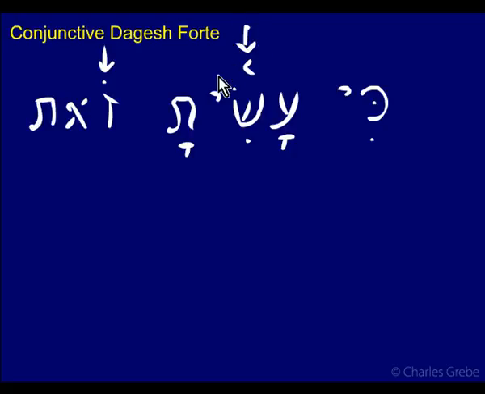So that's okay. It can fall here or here. So this is an example of a conjunctive Dagesh Forte, which will show up here, even though the accent is on the second to last. And the third condition is that either kamets hey or segol hey are the ending of the first word. In fact, it's kamets. So we have our conjunctive Dagesh Forte.